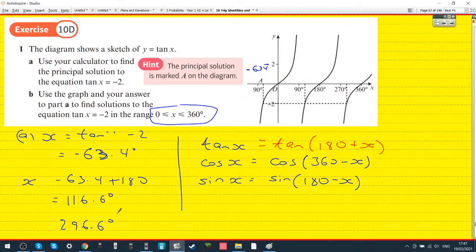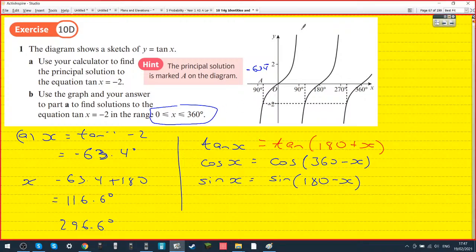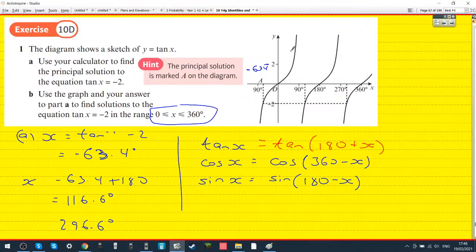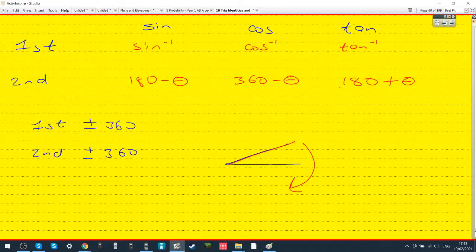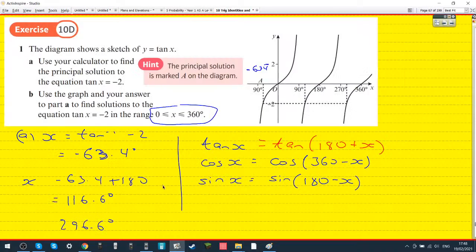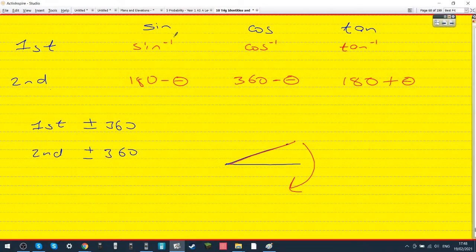And so with tan, when you have a graph, you can see you add 180, add 180. But instead of having a special case, you can always add or subtract 360 from all of them, like they all repeat every 360. Tan repeats every 180, but if you follow the same method to get your second solution, 180 plus, then you only need to remember one method for everything.